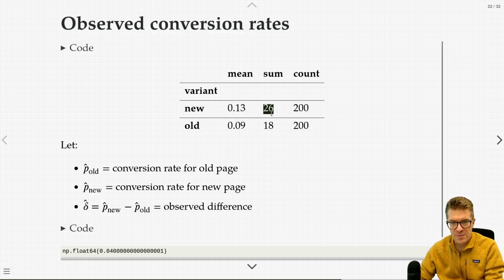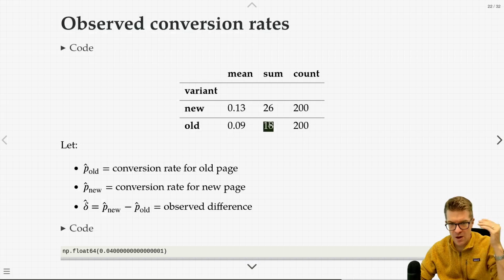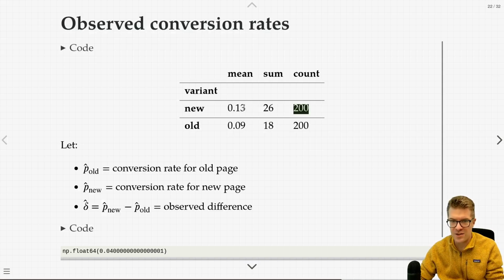So 26 people convert on the new website. Only 18 convert on the old website. Amongst 200 observations in each case, that translates to 13% and 9% respectively.